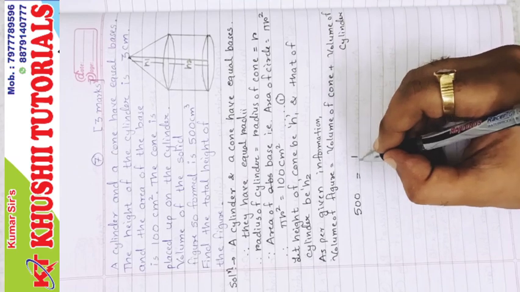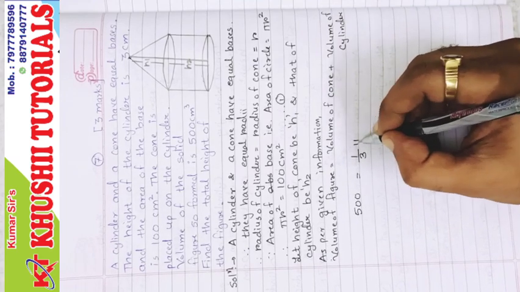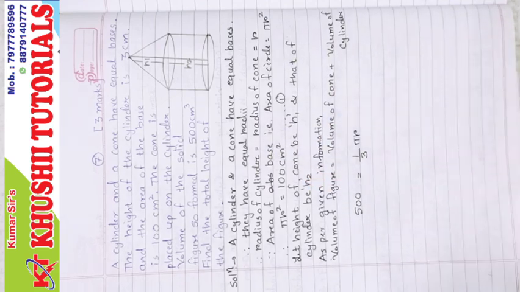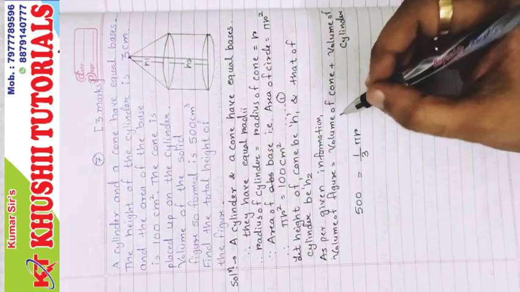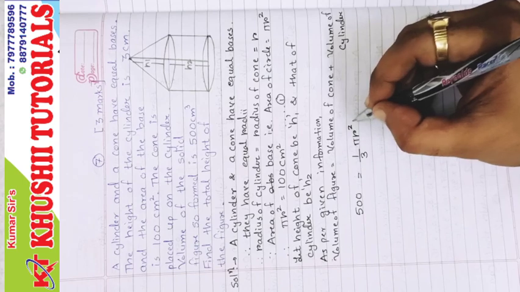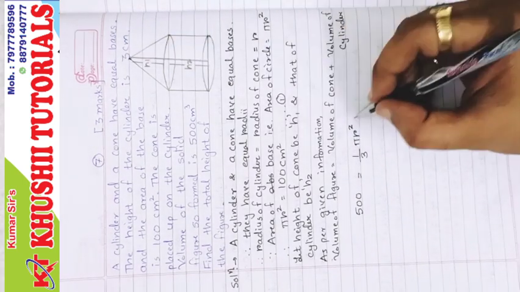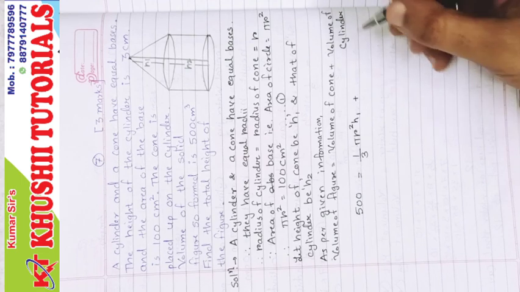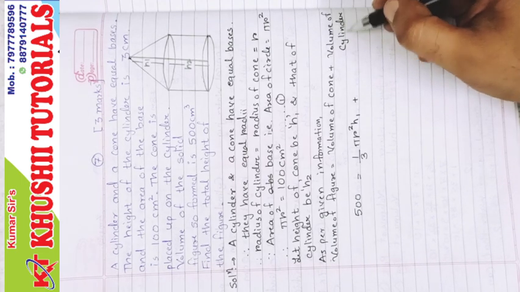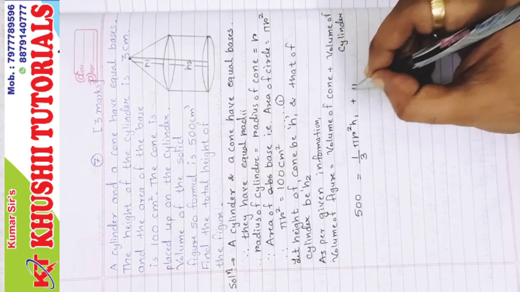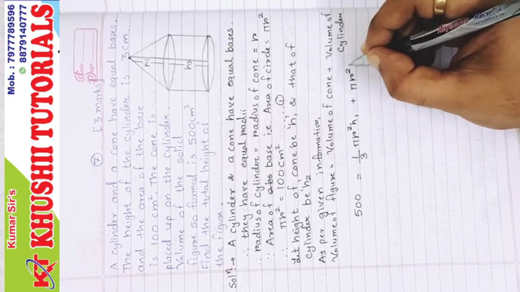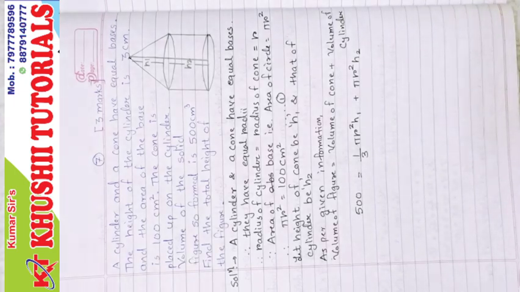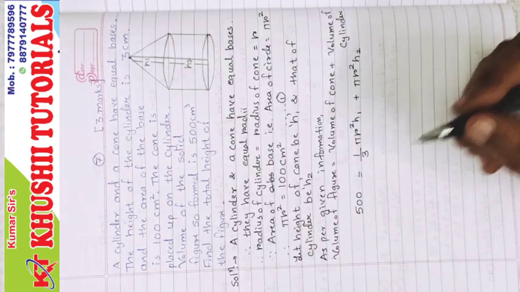Volume of cone formula is 1/3 of pi r, because radius is constant so it will remain r, it won't be r1 or r2 but r square, and h, height of cone is h1, plus volume of cylinder. Volume of cylinder is pi r square h, but here the height is h2. Radius is same because they have same base, equal base.